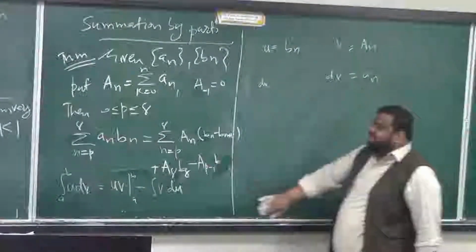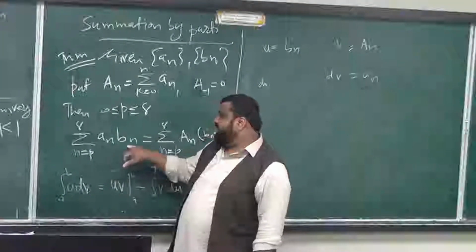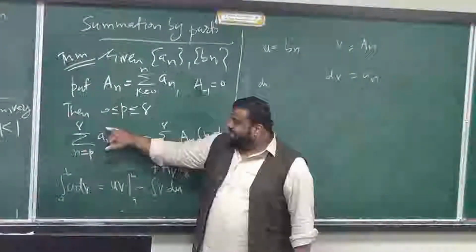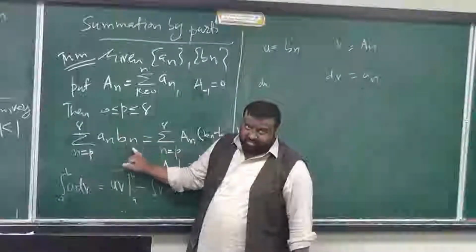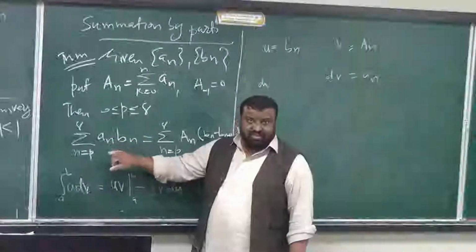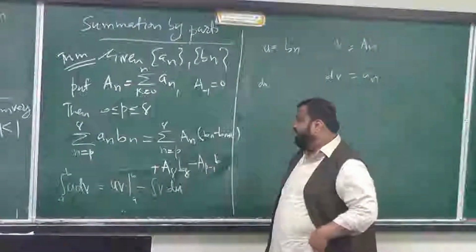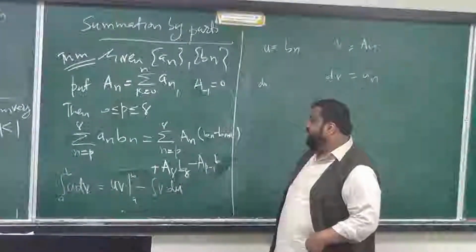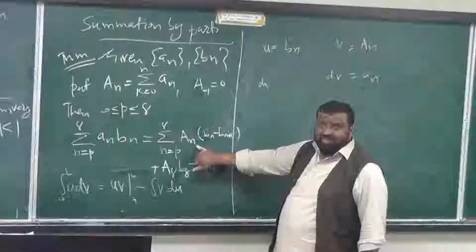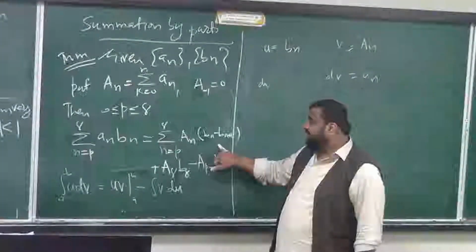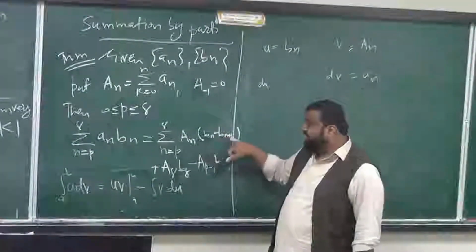So if I'm saying that I have this sum of A n and B n, so I have U times dV, which is a U dV, equal to UV. So what is my U? My U is capital B n, and my V is capital A n, so this is dV actually.